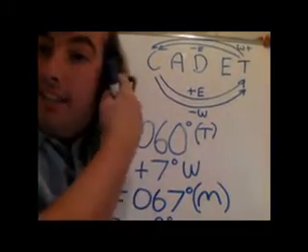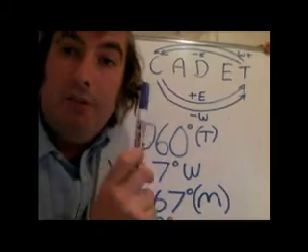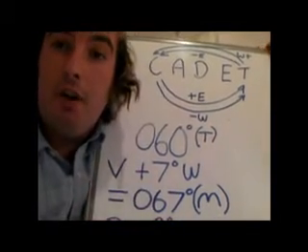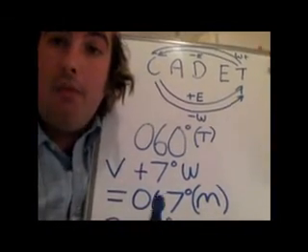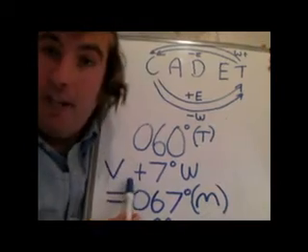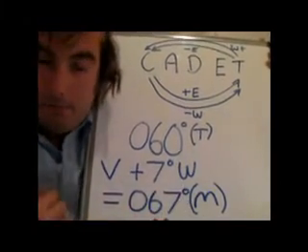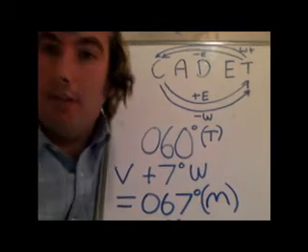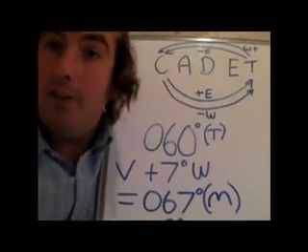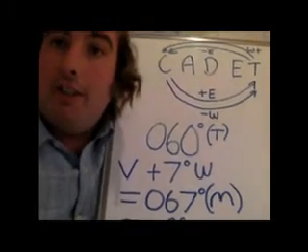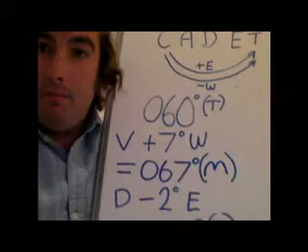So what I've got here is an example of how to apply actual variation and deviation. We've looked at the chart and we've established that the variation for this year is 7 degrees west. I've just made that up, but obviously if you were sailing in an area you'd have to check the chart for that area.